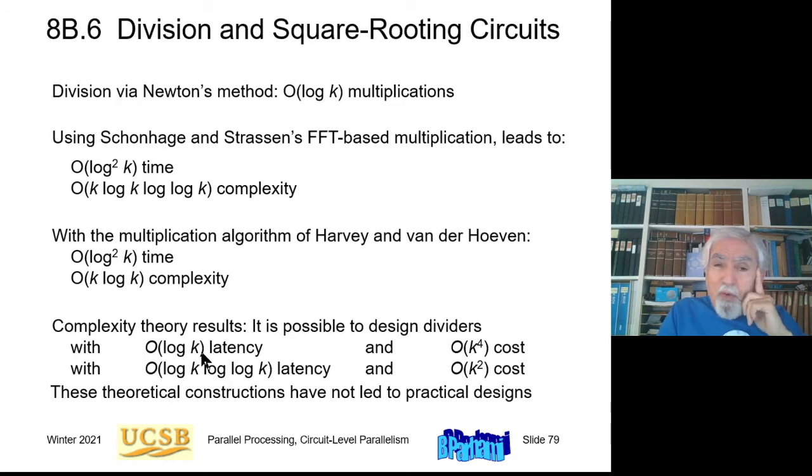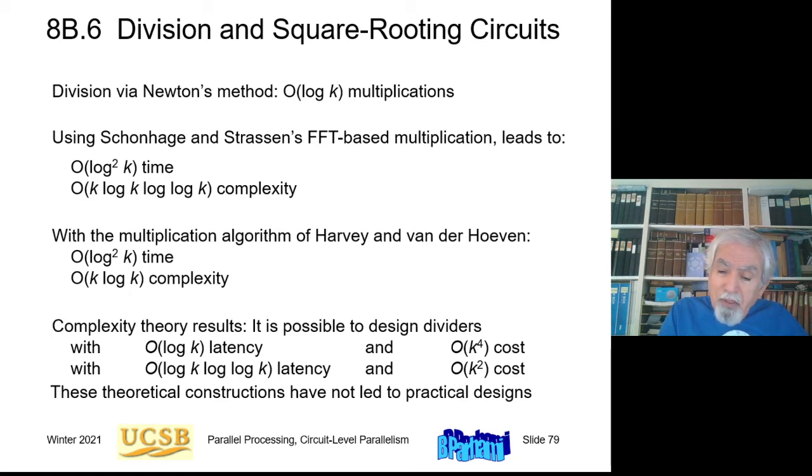Okay, going to the previous slide, this is basically the best we can do. If we want to have order log k latency for a divider, we have to pay a very high cost, order k to the power 4. If we are willing to accept a little bit higher latency, then we can reduce the cost to order k squared.